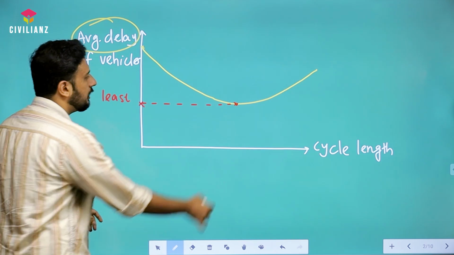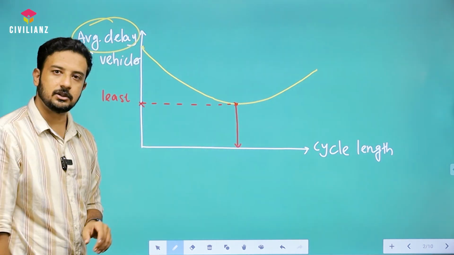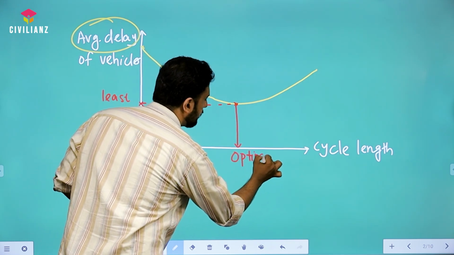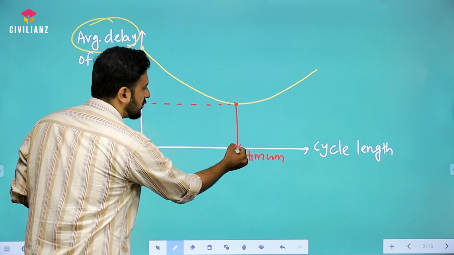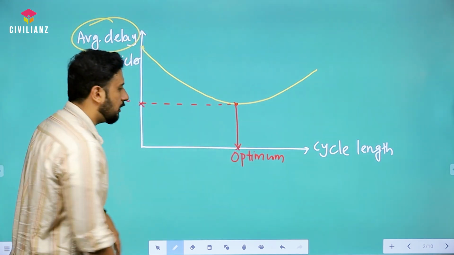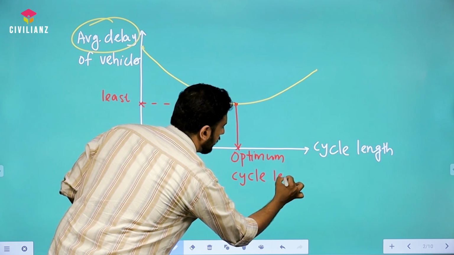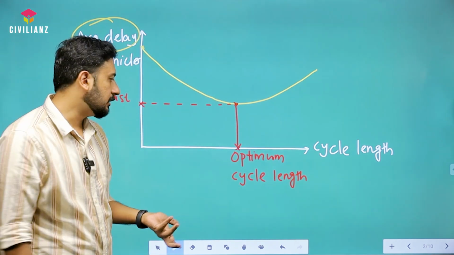Now corresponding to this, we will have a value on the x-axis or not? What is that? This will be the optimum value of the x-axis. What is there on the x-axis? The cycle length. So this particular value, we can call it the optimum cycle length or optimum cycle time.